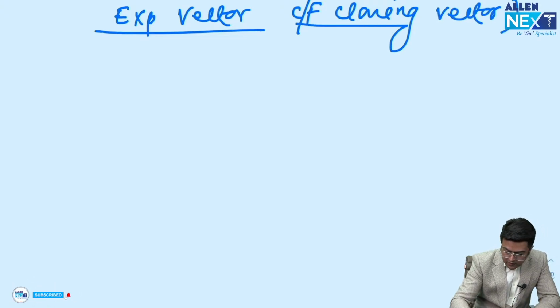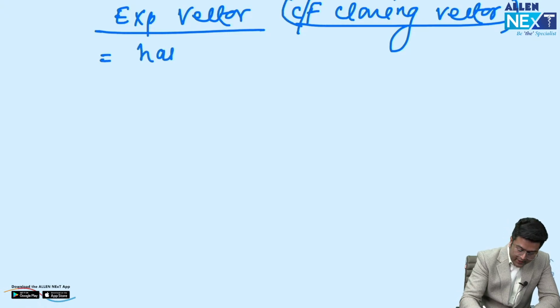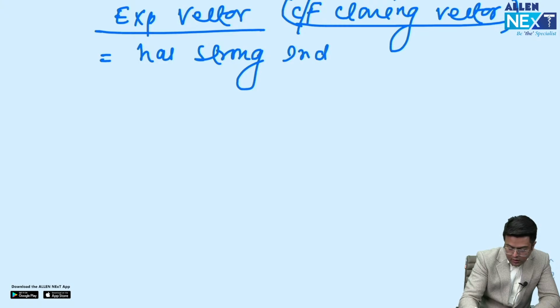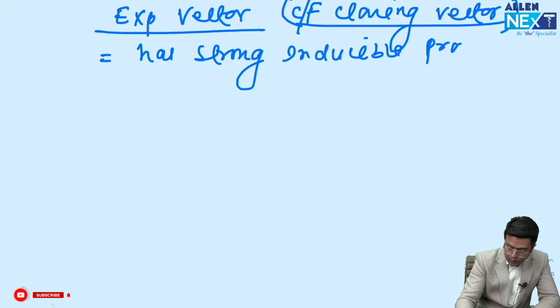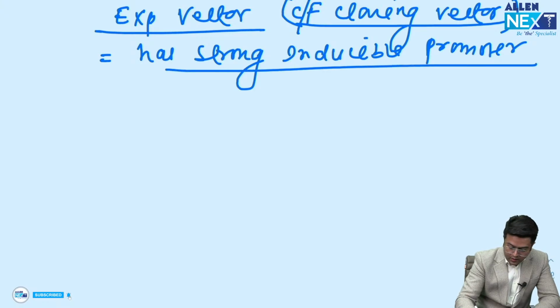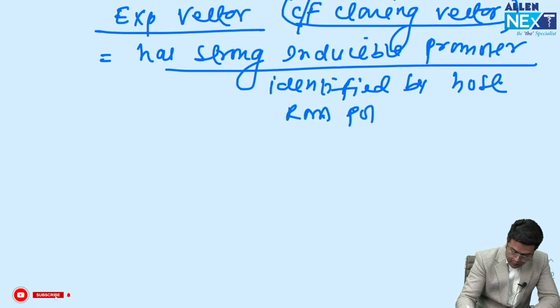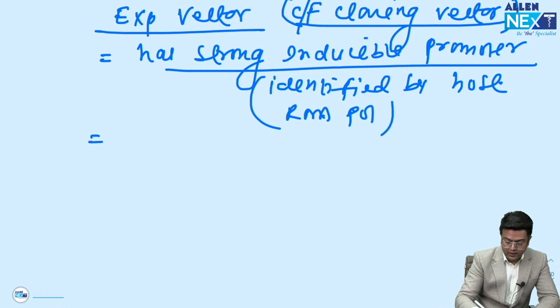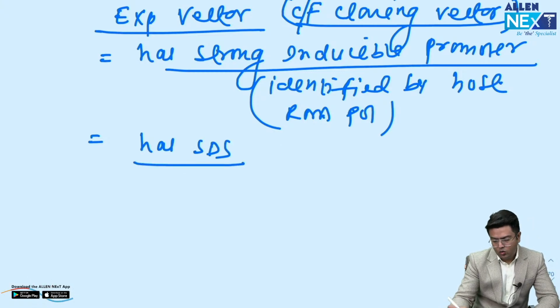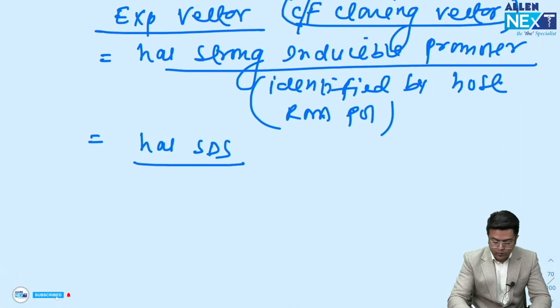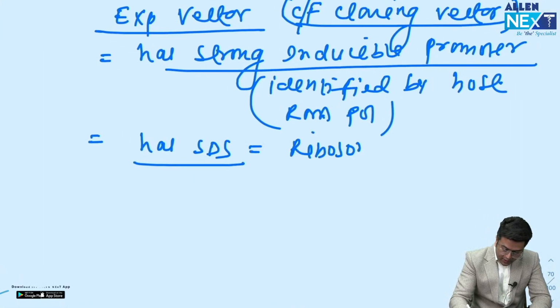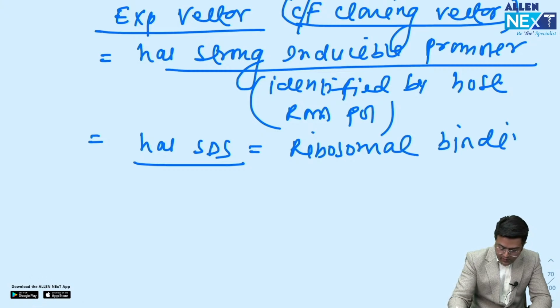The expression vector, compared to the cloning vector, has a very strong and easily inducible promoter, which can be identified by the host cell's RNA polymerase to make proteins, and it has the Shine-Dalgarno sequences or the Kozak consensus sequences, which are ribosomal binding sites.